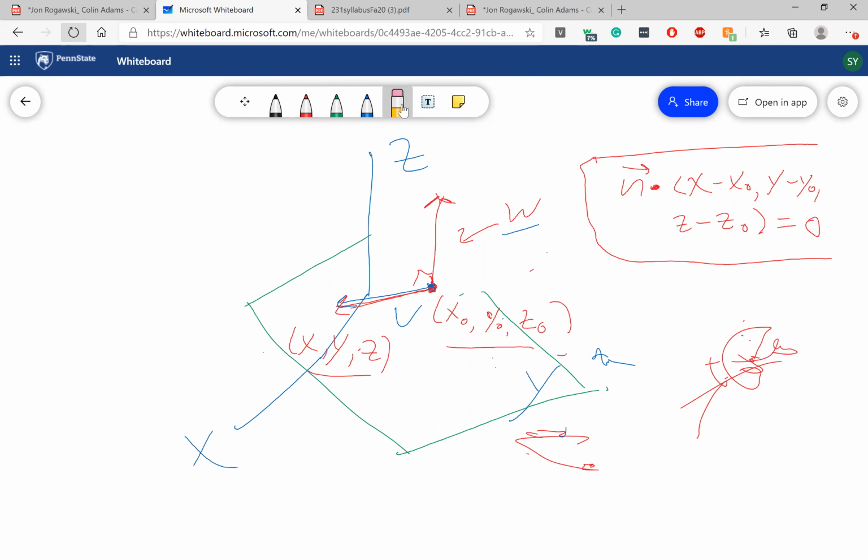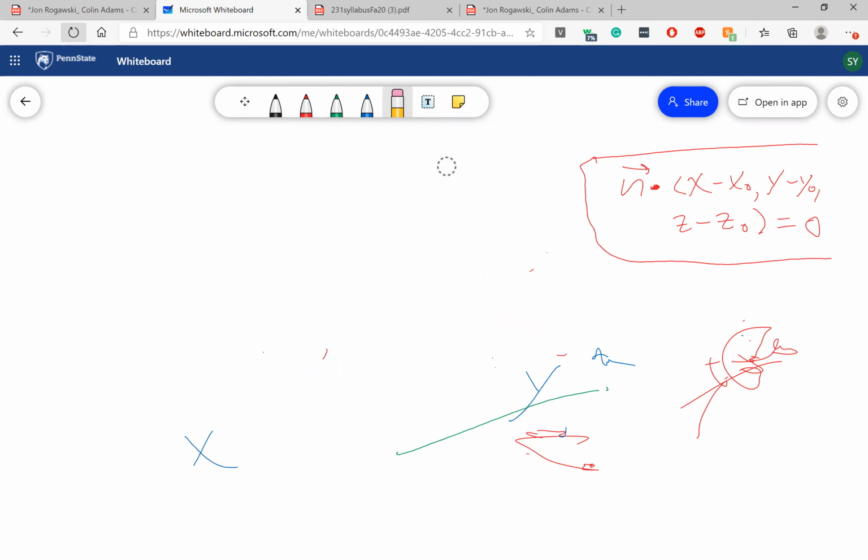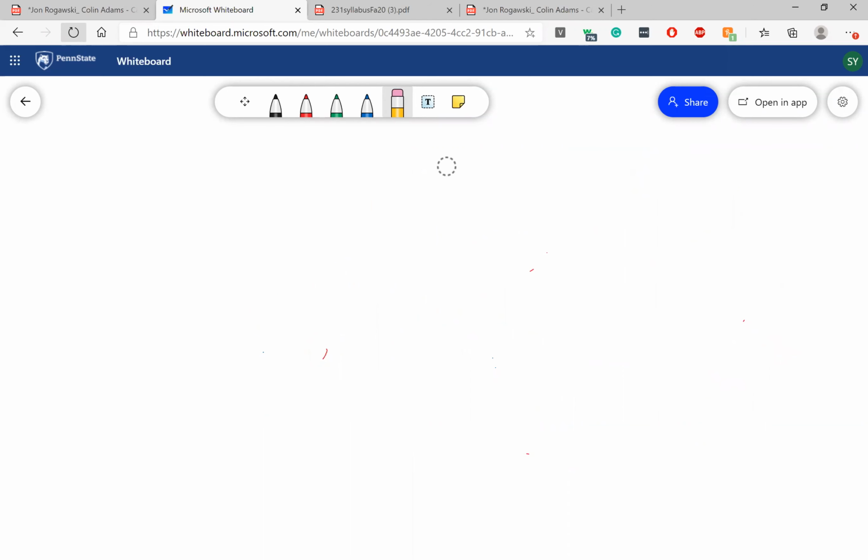So let me erase this and we can rewrite the equation of the plane. So again, if we have a normal vector, so here's our normal vector n, and it's, let's say, the vector a, b, c, and it's the vector orthogonal to our plane.